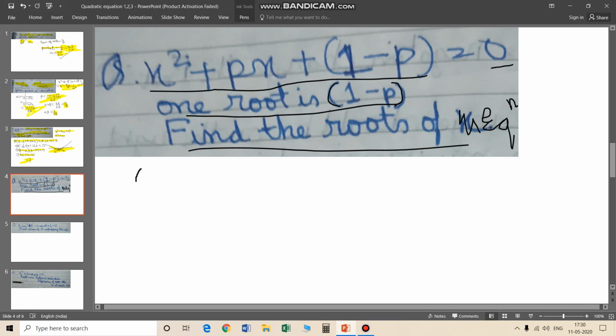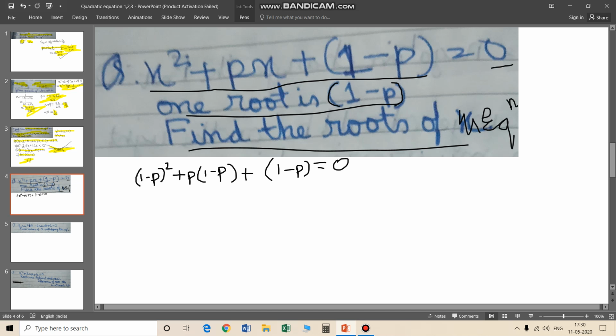I put 1 minus p in place of x, right? 1 minus p whole square plus p into 1 minus p, plus 1 minus p, is equal to 0.